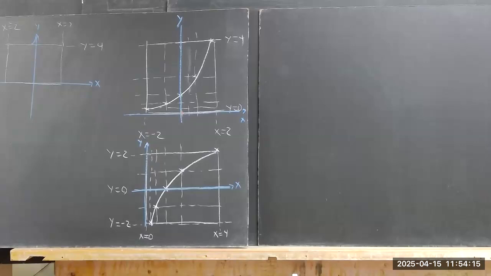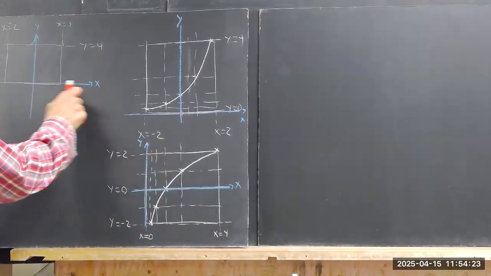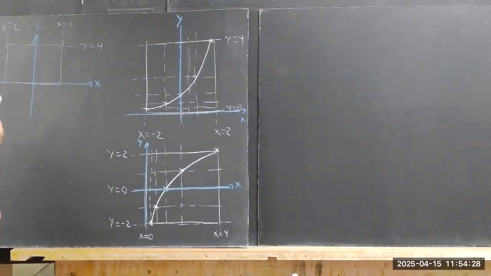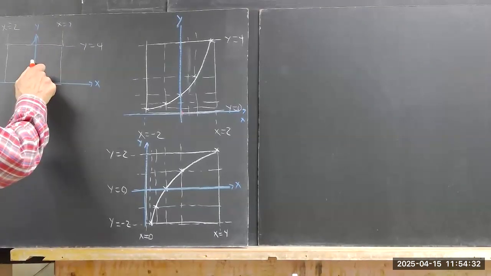This one is going to be situated a little differently. Your x-axis, which is your y equals 0 line, is here, so that this rectangle is cut in half by the x-axis.